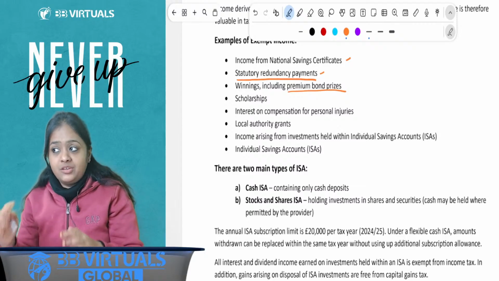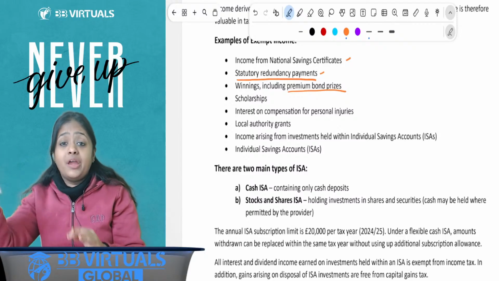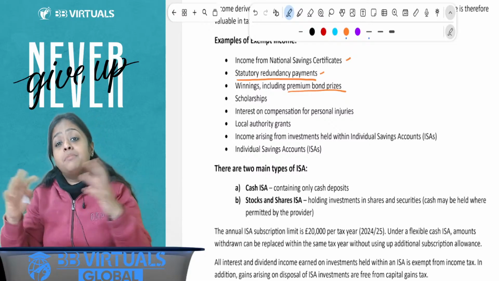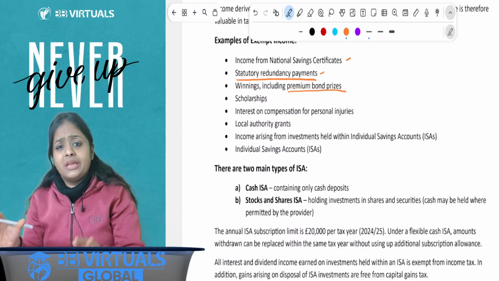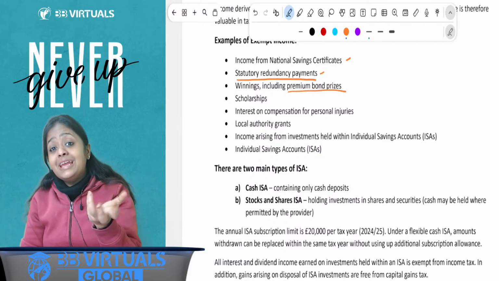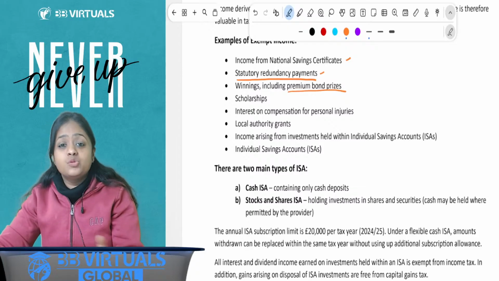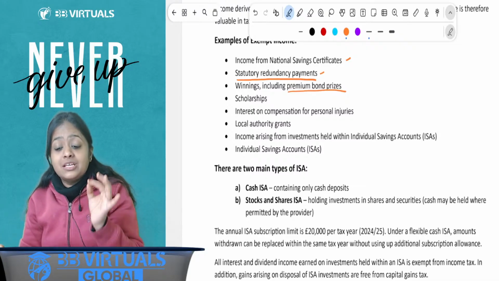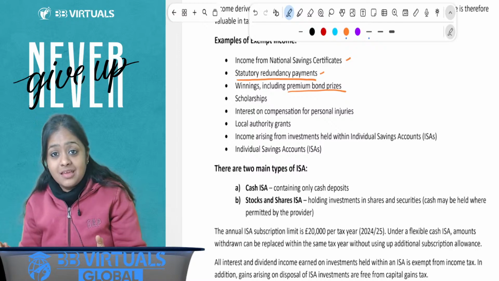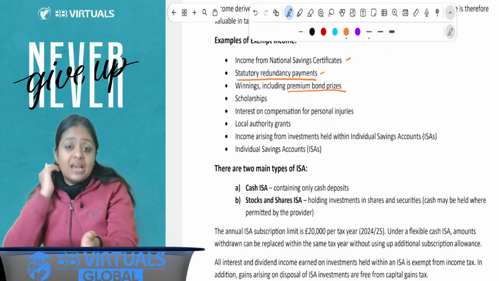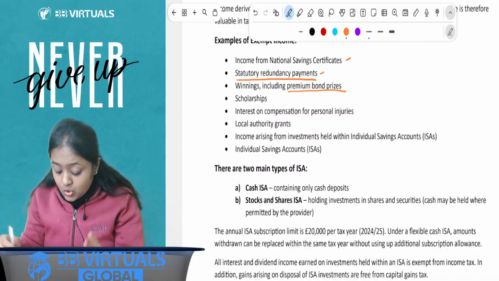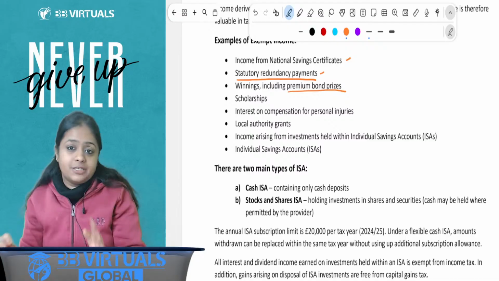Then the government keeps a lucky draw every week, and in that lucky draw, if your bond comes up, you will get a multifold amount, a lot of money against it. That is known as winning of premium bond prizes. If you're winning these premium bond prizes, then it is not going to be taxed. Very good. So if you have applied for those bonds in UK and you're earning these prizes, it is exempt.